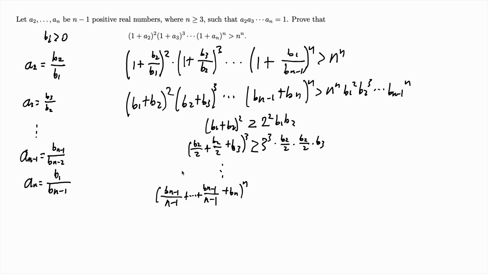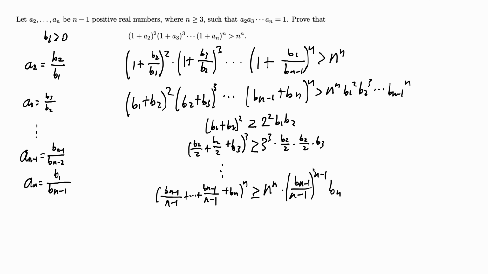And there are n minus 1 of these numbers, obviously. So this is greater than or equal to, how many numbers are there? n minus 1 and one more, so n to the power of n, times n minus 1 over b sub n minus 1 times b sub n.